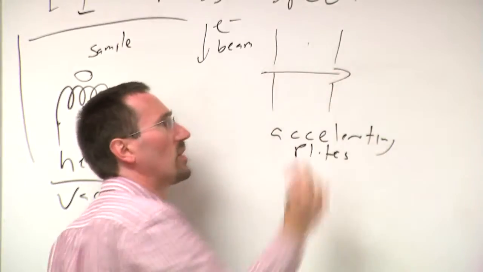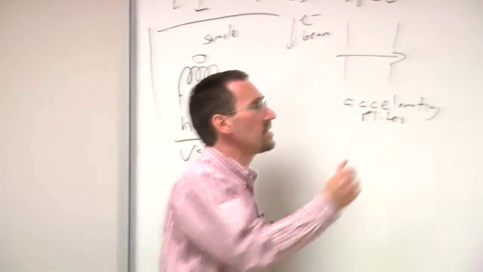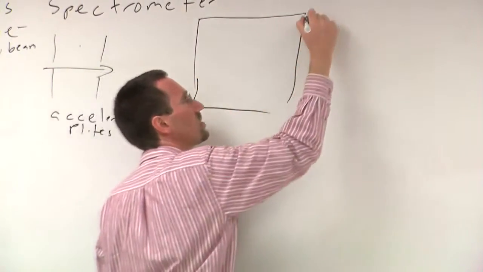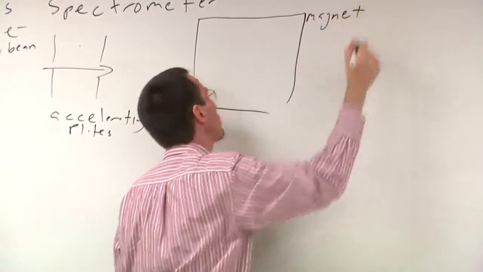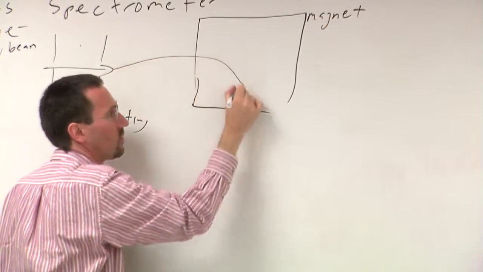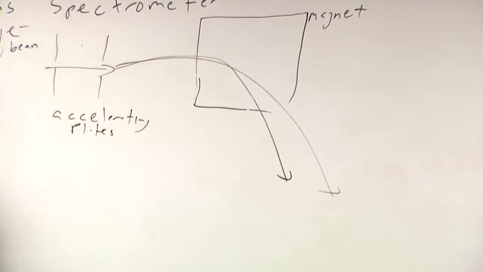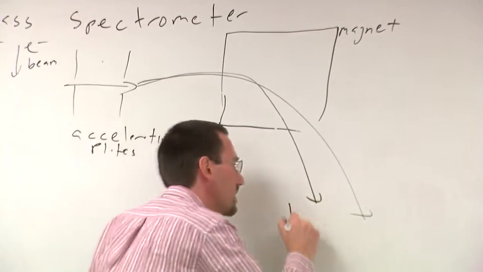Those impart velocity to the molecule. And then, as I said, we will, in what's called a magnetic sector instrument, the oldest sort of instrument, have a magnet, an electromagnet. The molecules will move in, and dependent on their mass to charge ratio, will go to a detector.